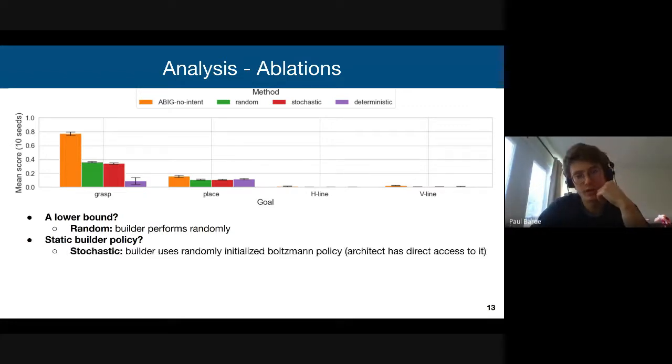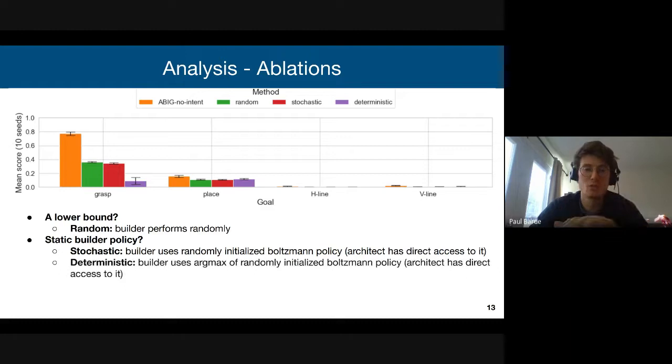So we tried a stochastic policy, a randomly initialized Boltzmann policy, from which the builder samples actions, and a deterministic one, which is the argmax of this randomly initialized Boltzmann policy. We see that with these static policies, the pair performs quite poorly. We then wanted to see the impact of the shared intent prior.